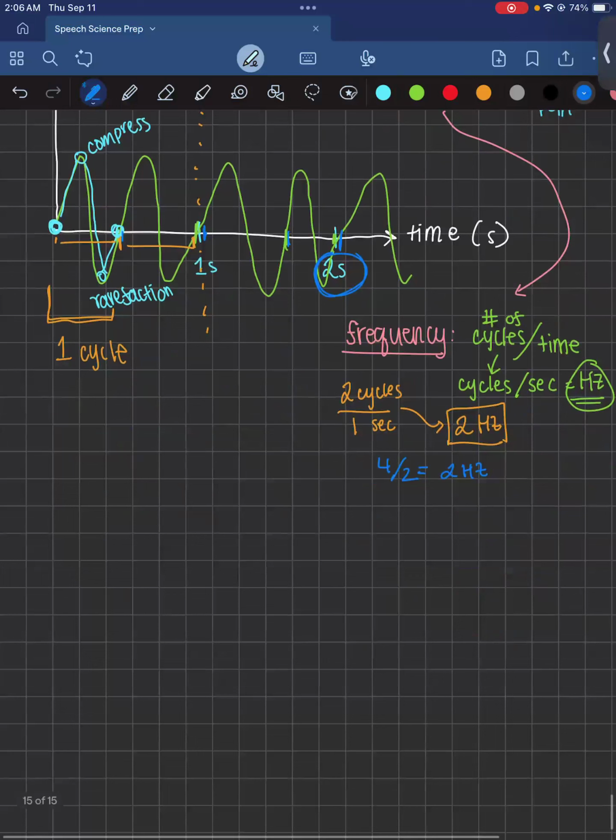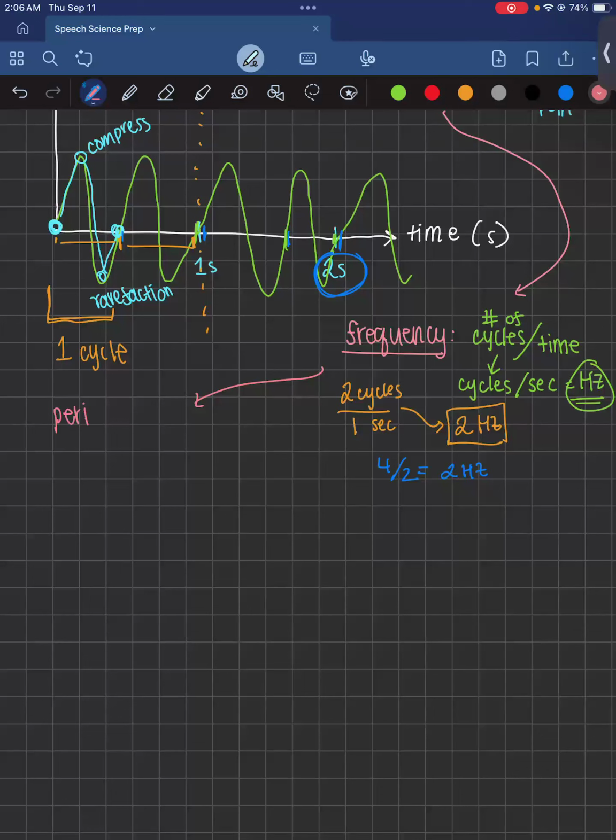Okay? And now that we have this idea of frequency, we can also define what's called the period of the wave. And the simple definition of a period is 1 over the frequency. But what does that mean beyond this equation? What it actually means is how much time does it take to complete one cycle?